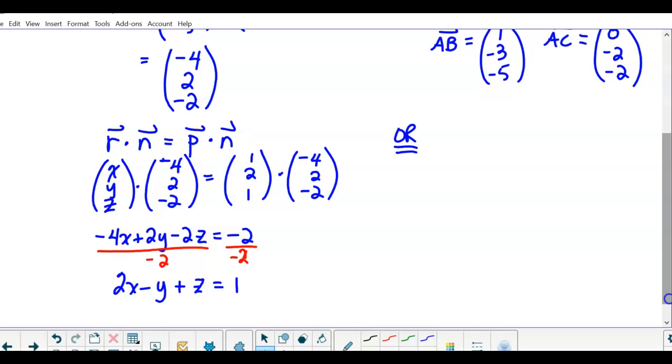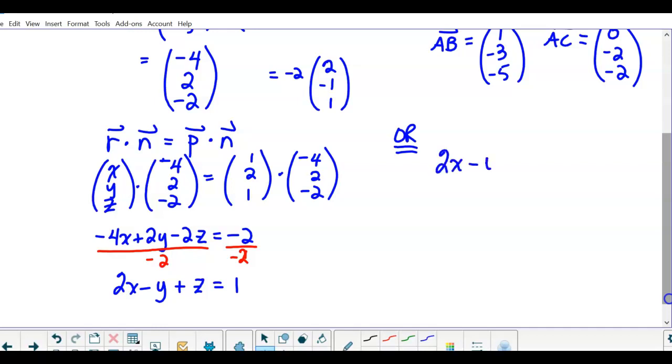Now here, because that is the normal vector coming out of your paper, we can reduce that, but just be careful when you reduce that, okay? If you do reduce that, then this is the same. If I factor out, say, -2 to get the x being positive, then I have 2, -1, 1, right there. And so you could go straight to your Cartesian equation with those coefficients.